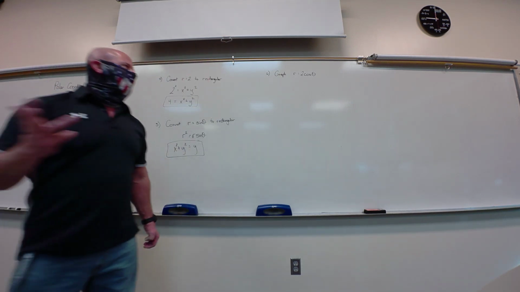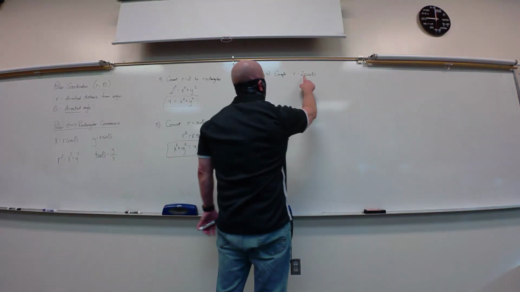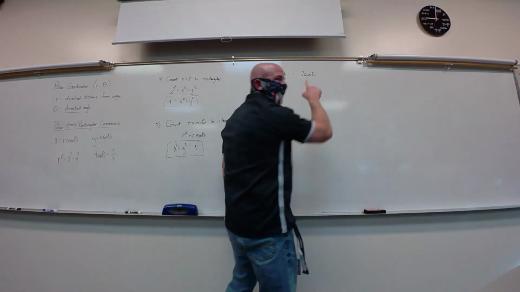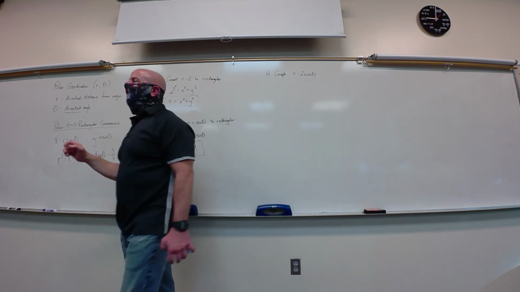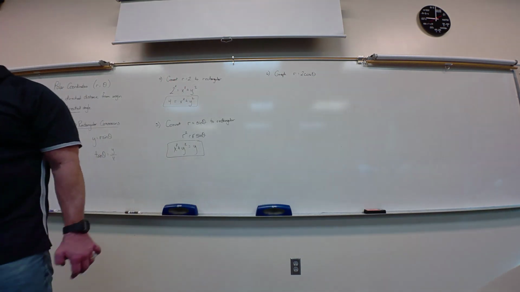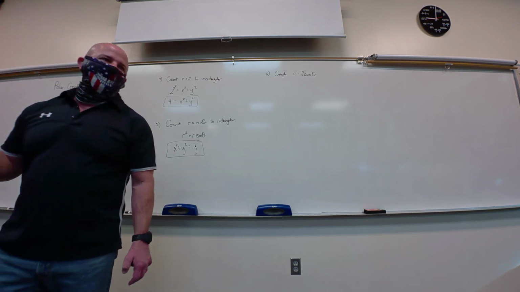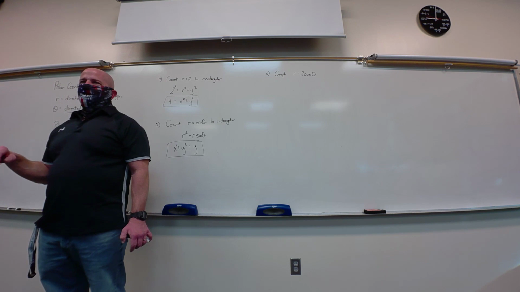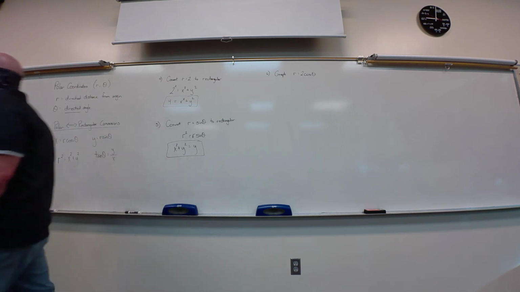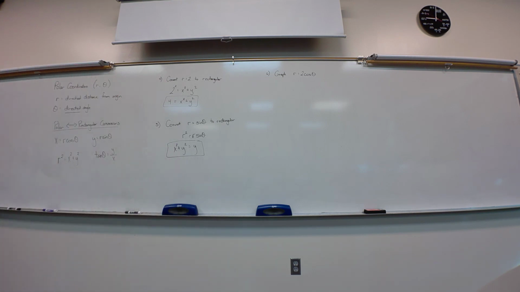You can type in r equals 2 cosine, and then remember theta is that X,T,theta,n button, your variable button. Unless you have an 85 or 86, then it has a theta on there on the screen. So you remember where your theta is? You should get a circle.